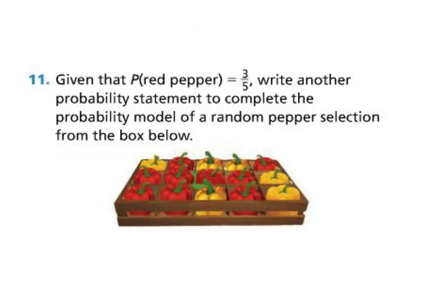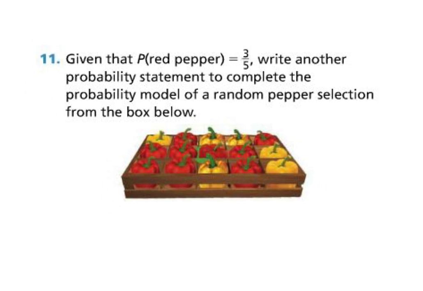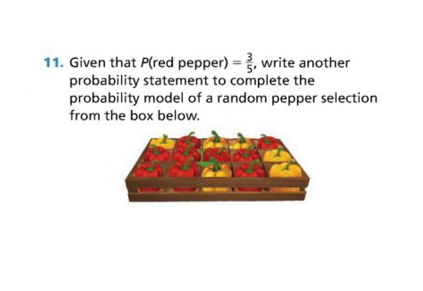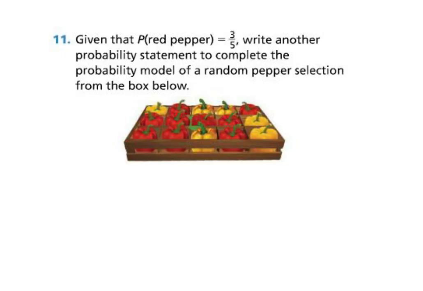Let's move on. Number 11, given the probability that a red pepper is 3/5. Write another probability statement to complete the probability model of a random pepper selected from the box below. Okay, well, since they gave us the probability of red, let's give them the probability of yellow.